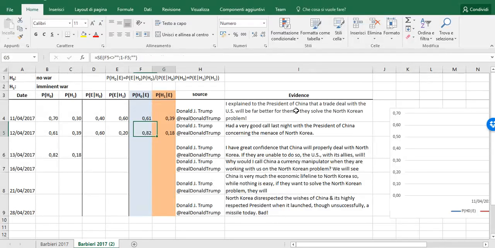So now the probability of the war after evaluating the second tweet has diminished, and we can move on to evaluate the third and the fourth tweet, etc.